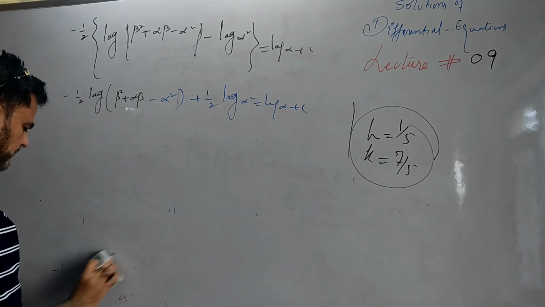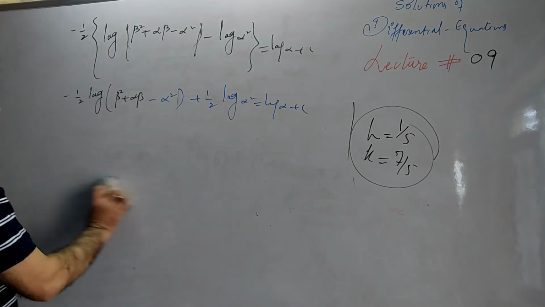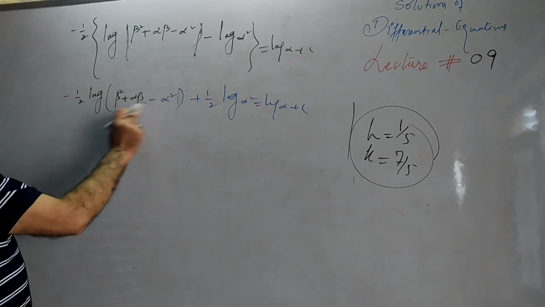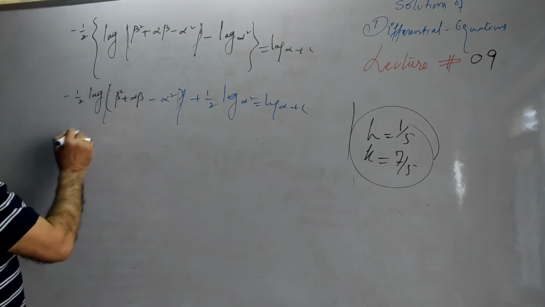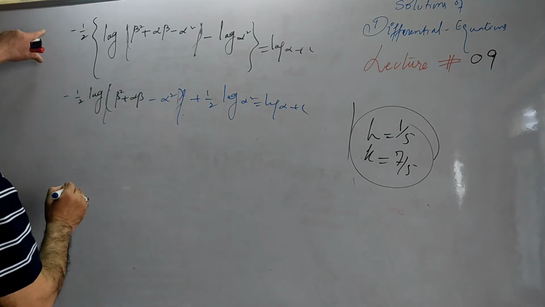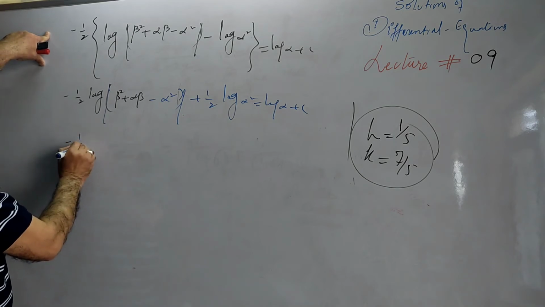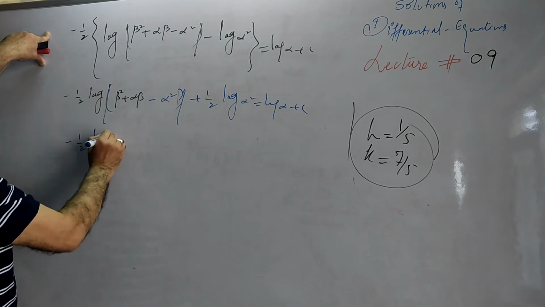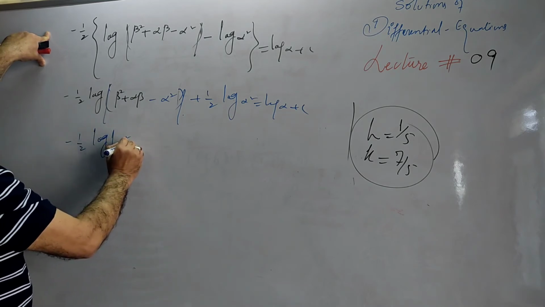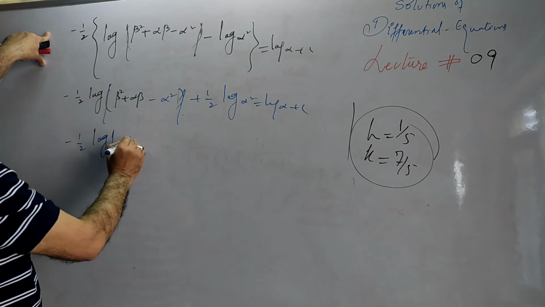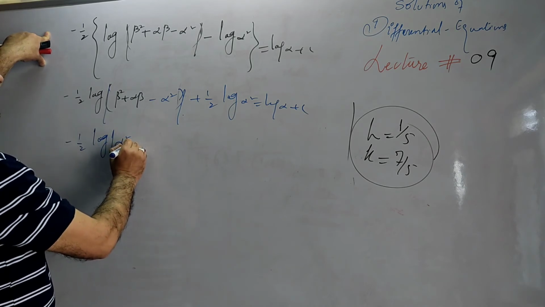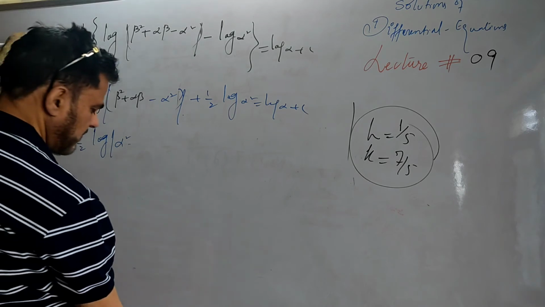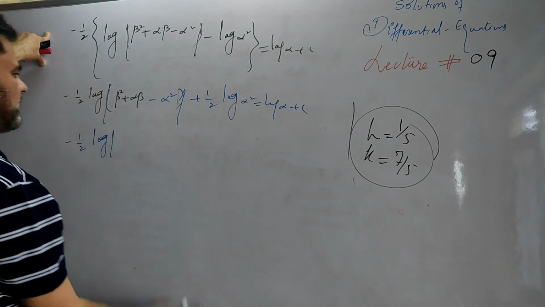So in this case minus is getting absorbed in this log form. You can write it as minus 1 by 2 log of beta square plus alpha beta minus alpha square, plus log of alpha square. Or let us write in this way also, there is no harm in writing this way.